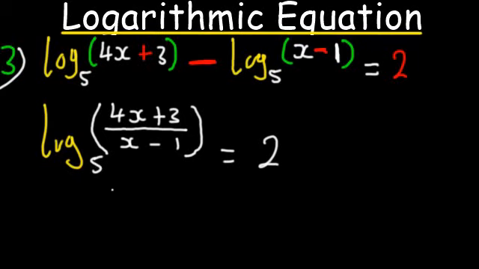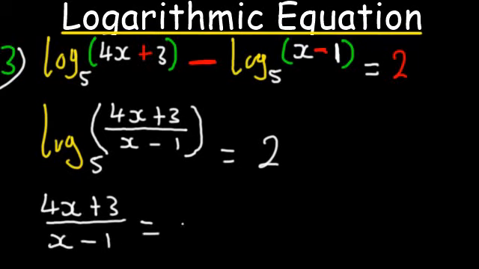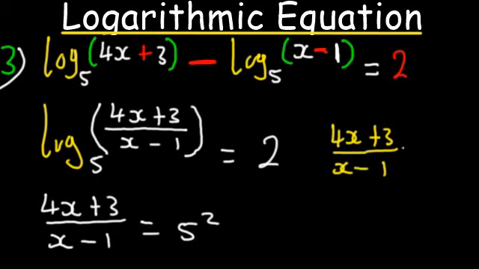Good. So (4x plus 3) all divided by (x minus 1) will indeed be equal to 5 to the power of 2. Now let's find the value of 5 to the power of 2. That simply means 5 times 5, which is simply 25. So left over we have (4x plus 3) divided by (x minus 1) equals 25.